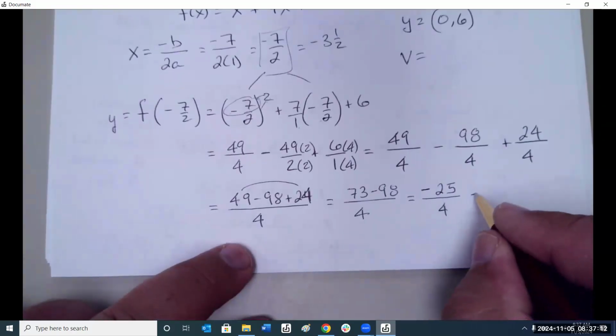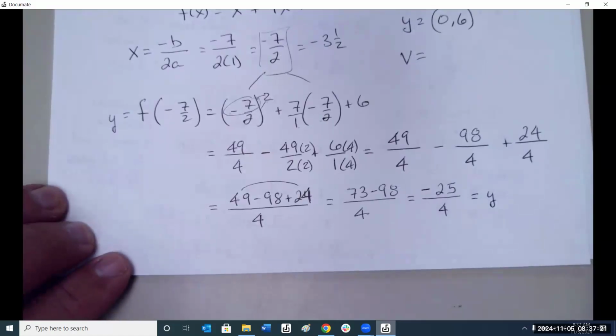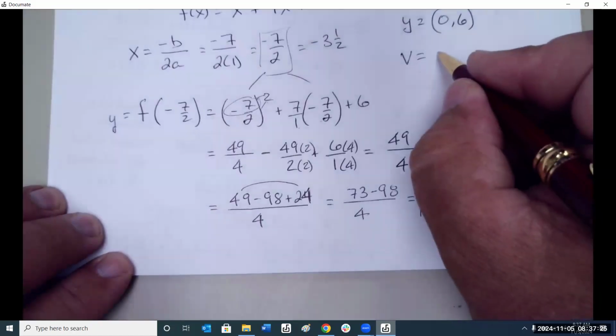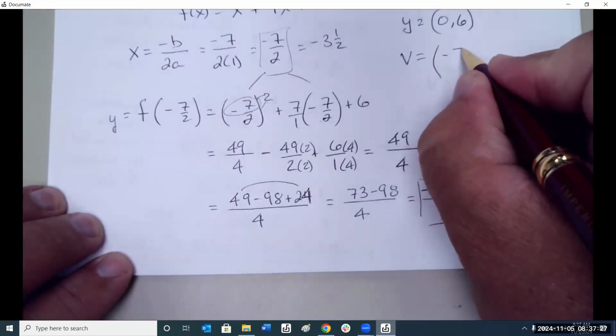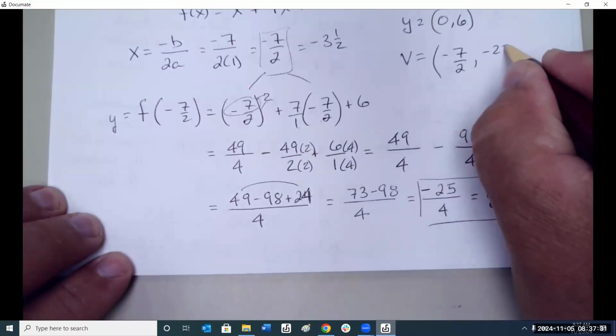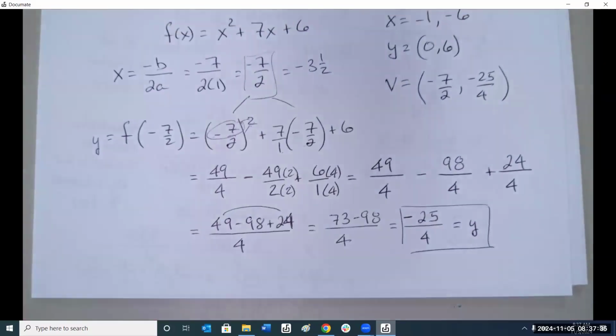So the y value is -25/4. So our vertex is at (-7/2, -25/4). That's where our vertex is.